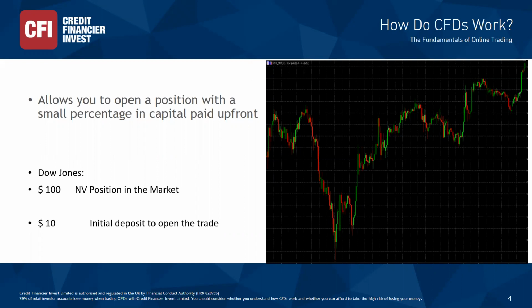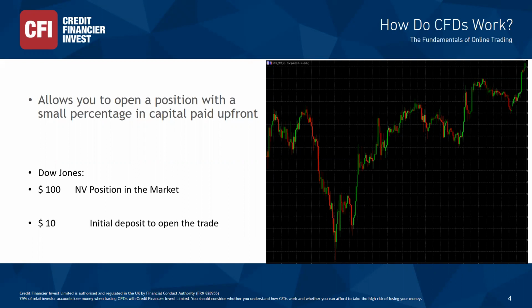And obviously, all the profit and losses will be based on that full value. It will not be based on your initial deposit, so in this case, 10%. It will be based on the full 100% of the position, in this case $100, okay? So let's say, for example, the price of the Dow Jones goes up to $101, then you have made essentially 10%, right?